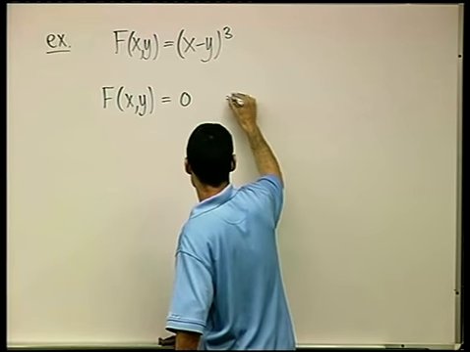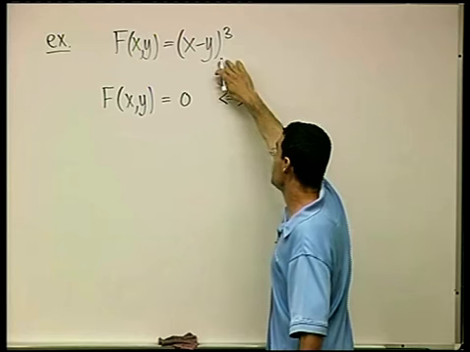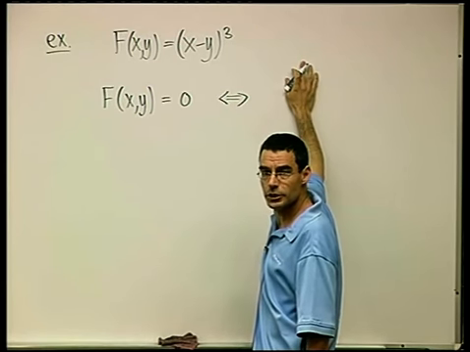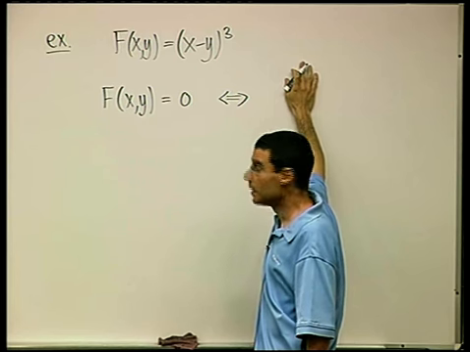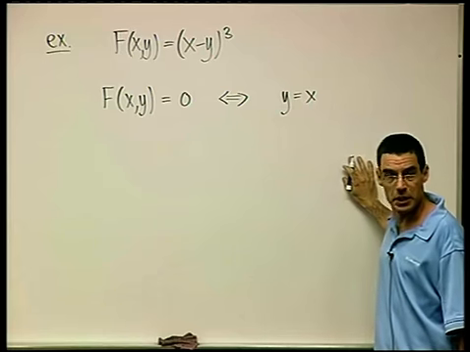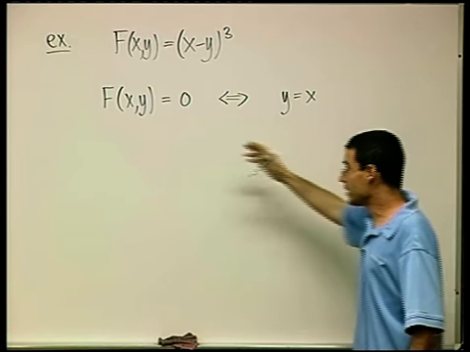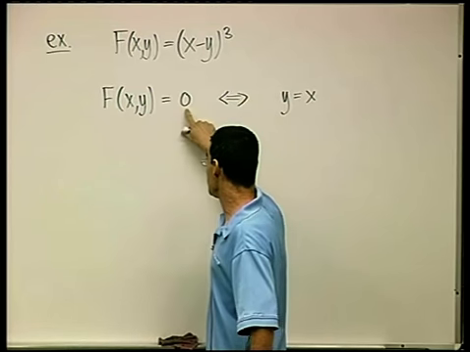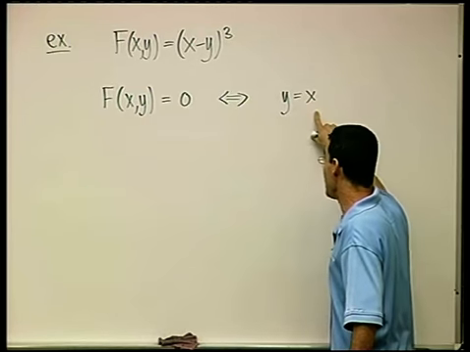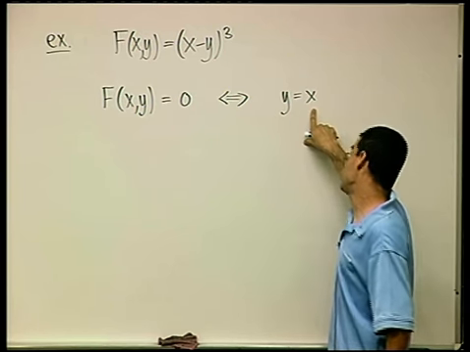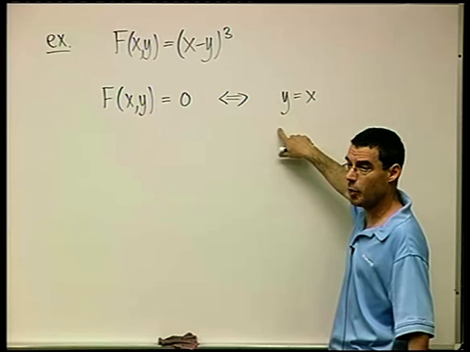What can y be? When would this be 0? y has to be x. There's not much choice. Do you agree? So this is if and only if y equals x. Does everybody agree? And in fact, that goes for both variables. So this equals 0 if and only if y equals x. That means that's how I would write y as a function of x. And in fact, that's how I would write x as a function of y.